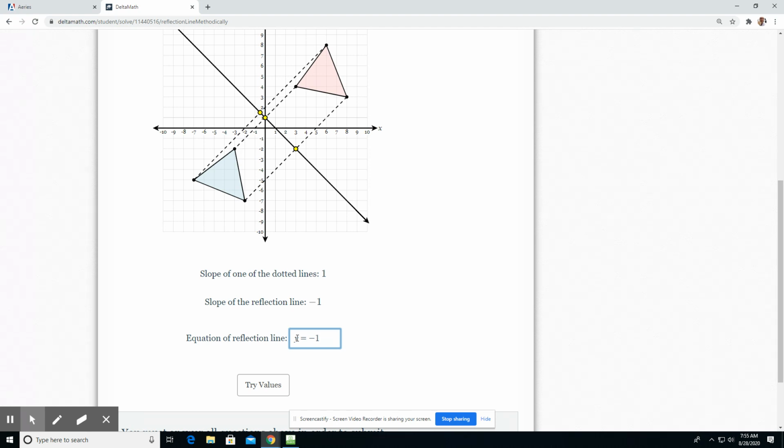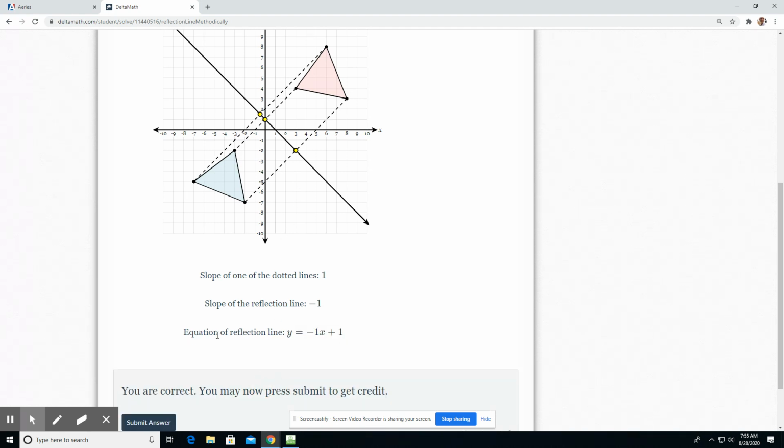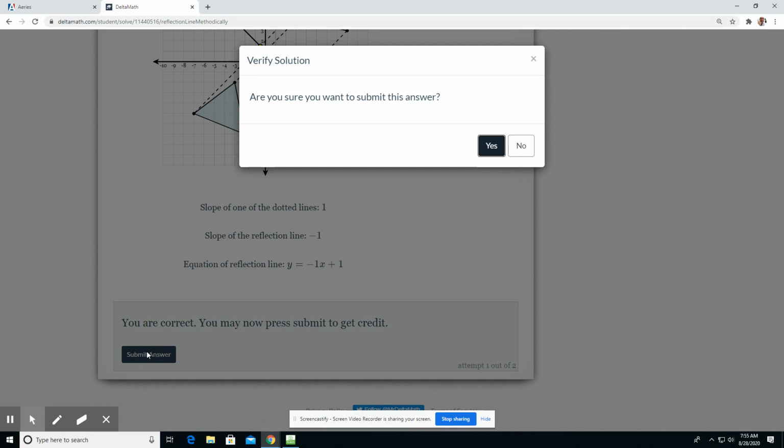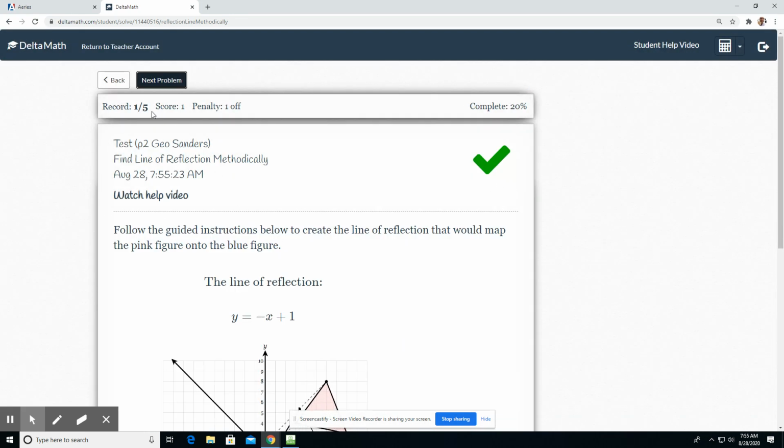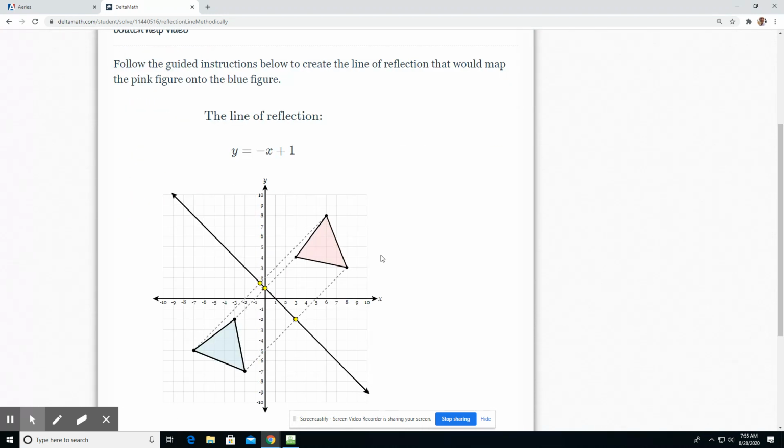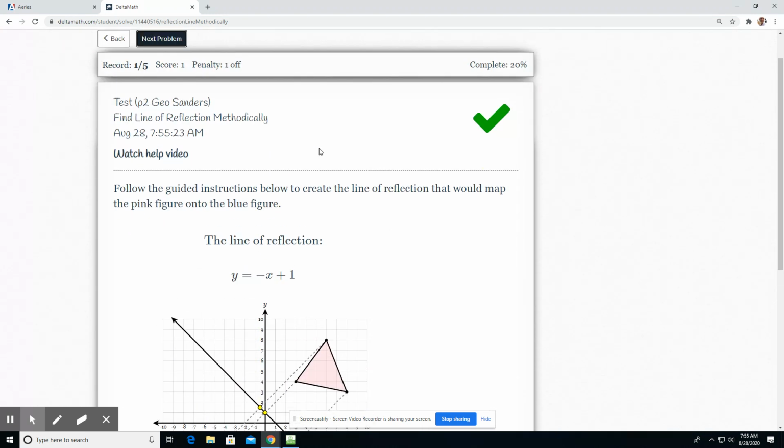X is our variable, and b is the y-intercept, and we can see the y-intercept is right there at positive 1. You are correct. Submit answer to finish it off, and there we go. Then we get a little animation here, and we can see how it reflects.